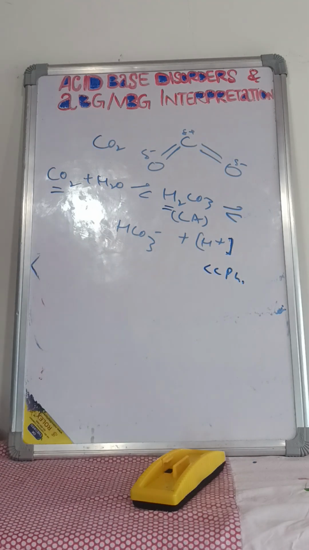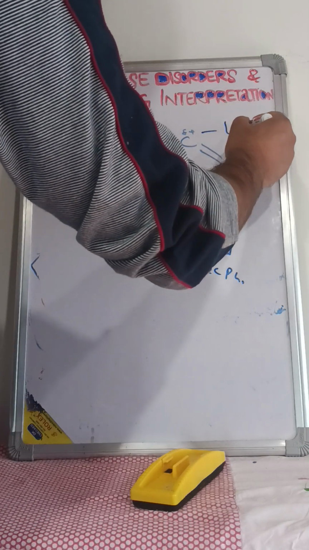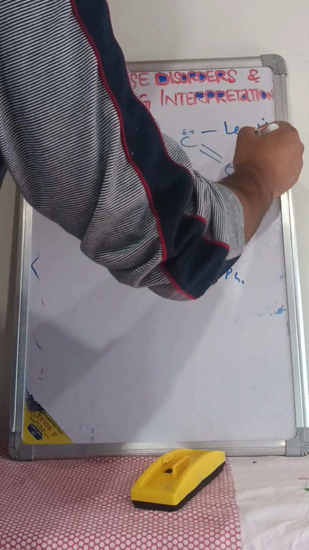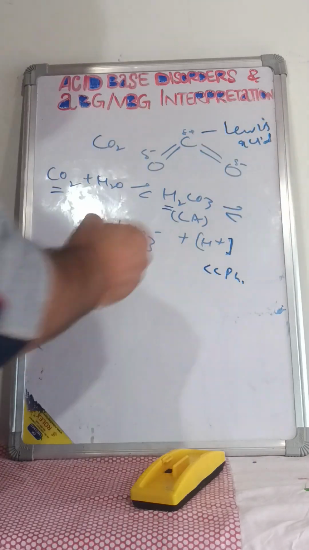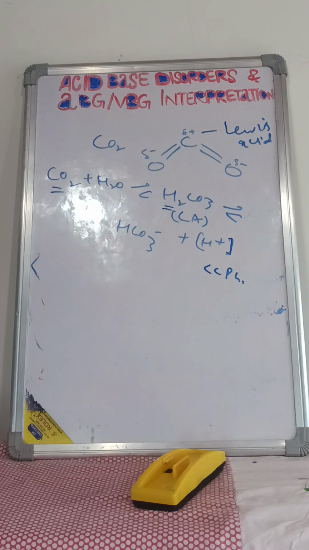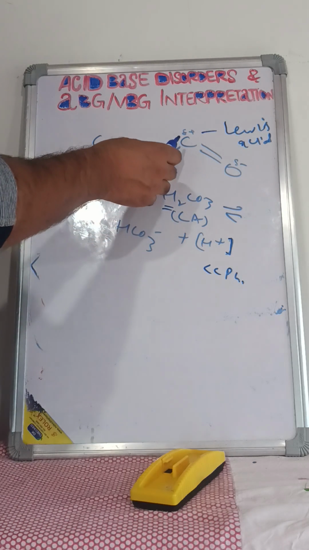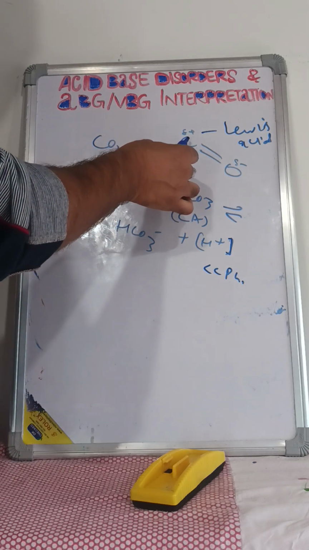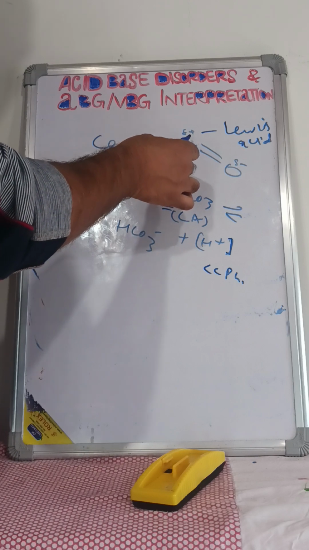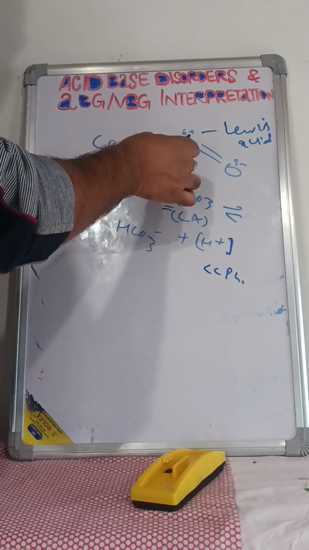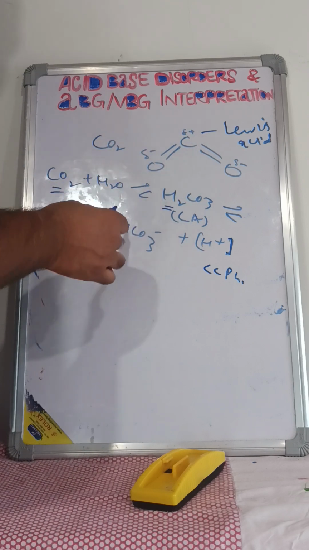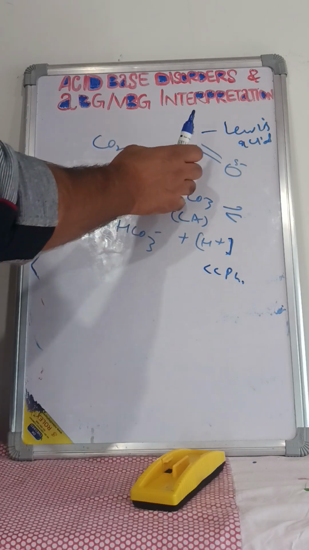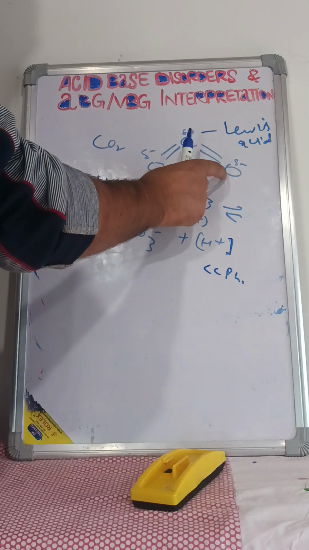The second explanation is that carbon dioxide is a Lewis acid. It has resonance, and positivity is created at the carbon atom, because carbon is less electronegative and is attached to the more electronegative oxygen atoms.